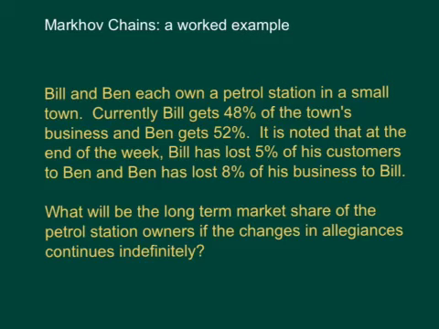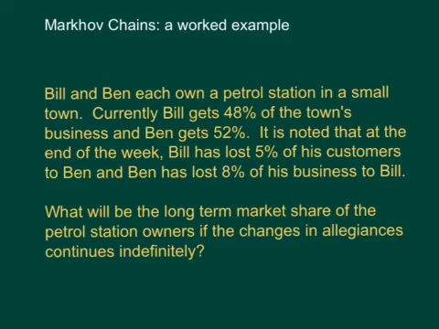Now to solve these problems, in a nutshell, this is all you do. You multiply your probability matrix or initial state matrix by the transition matrix, and the result of that you multiply by the transition matrix again. And the result of that you multiply by the transition matrix, over and over it goes.